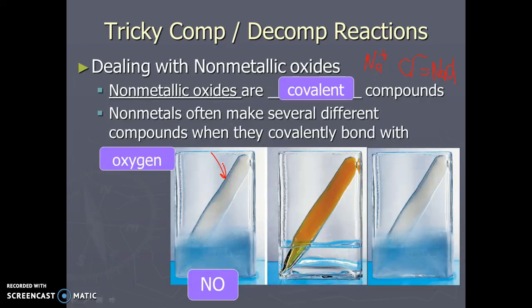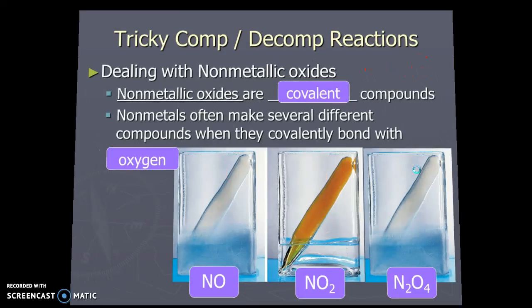But other times, depending on the conditions, we get this brownish orangish gas, which is nitrogen dioxide. Under other conditions, we might get yet another compound with nitrogen and oxygen, dinitrogen tetroxide. So if I'm trying to combine nitrogen and oxygen and write my formula, I have a lot of choices, and I might not know which one to write.